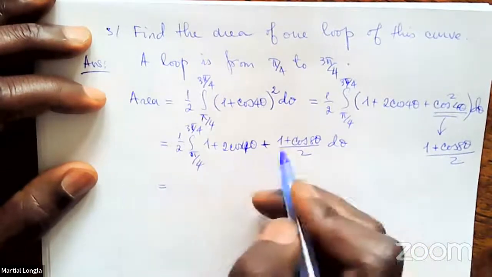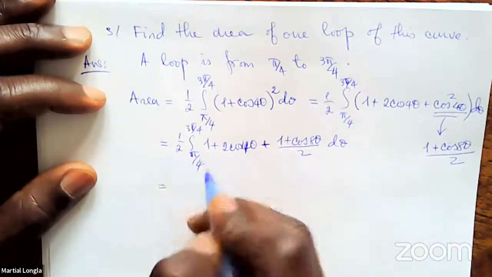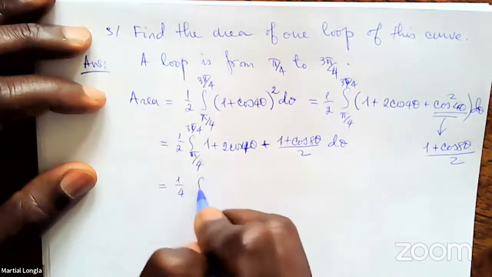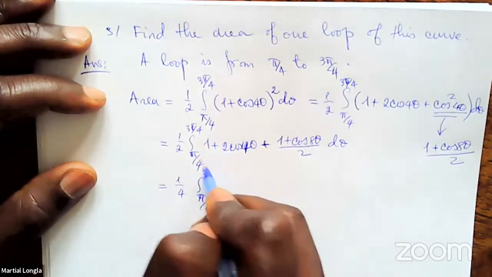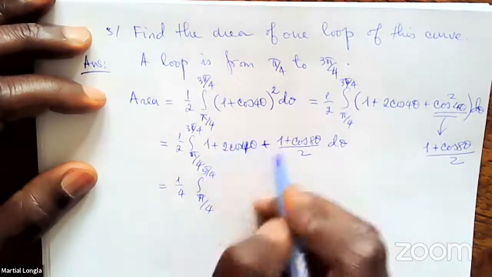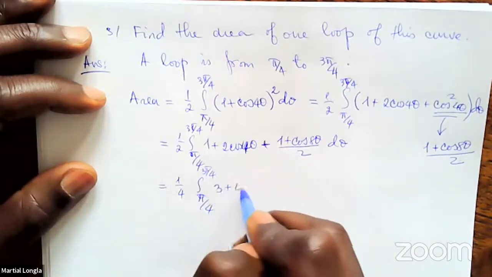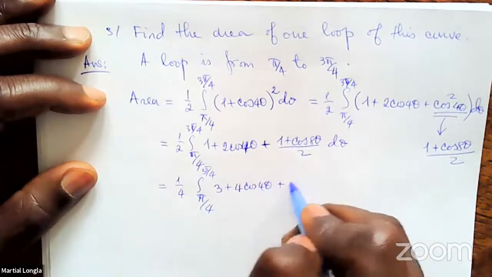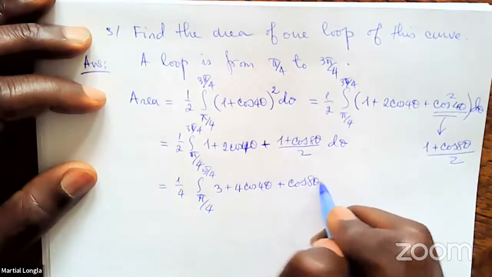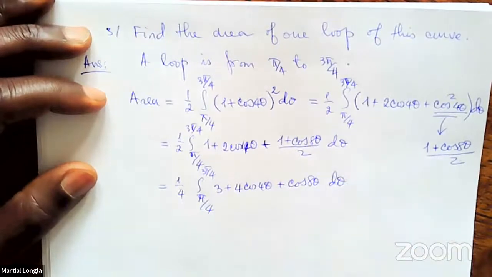Now you can say 1/2 here, 1/2 here, that's 1/4 integral from pi over 4 to 3 pi over 4. That will be 3 plus 4 cosine 4 theta plus cosine 8 theta d theta.